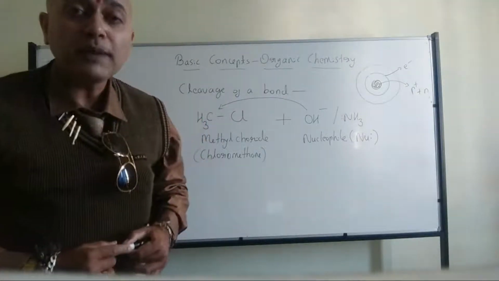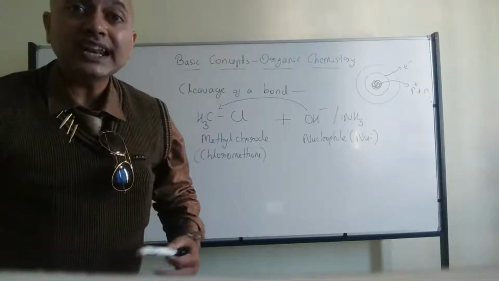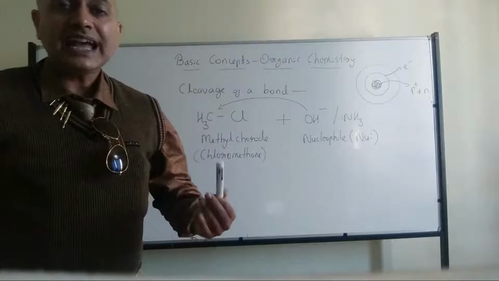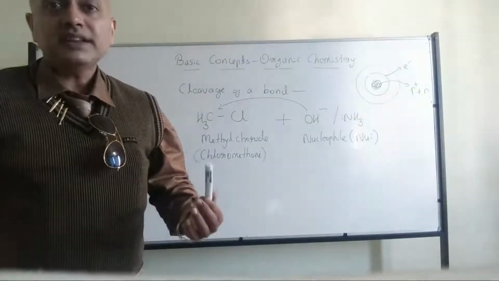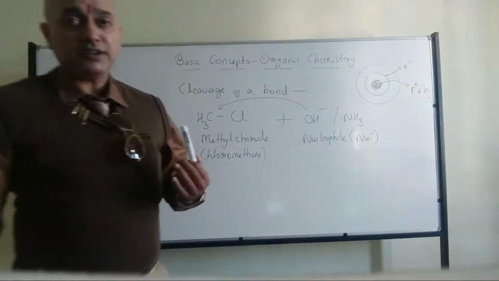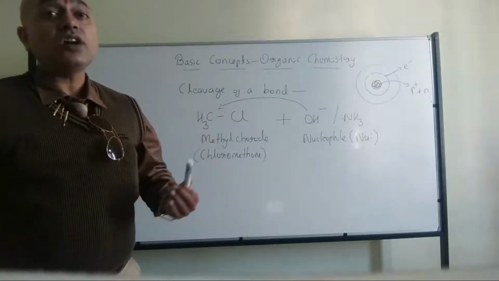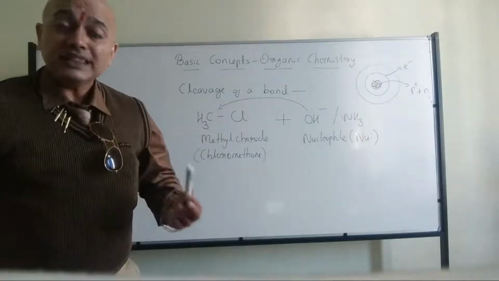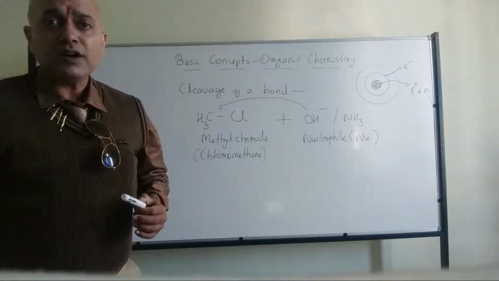Yes, Rakesh, nucleophiles are those species which have a lone pair of electrons, or which are electron-rich species. They can be negatively charged or have no charge, but they will have lone pairs of electrons or extra electrons. So that's what I have written. Ammonia does not have any charge, but it is a nucleophile because it has a lone pair of electrons.